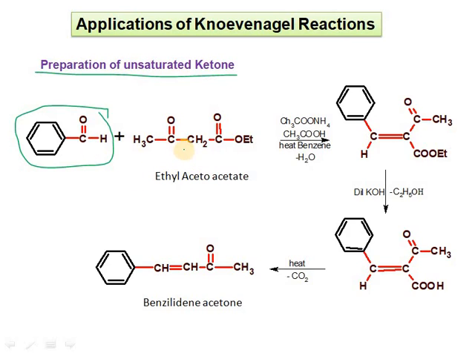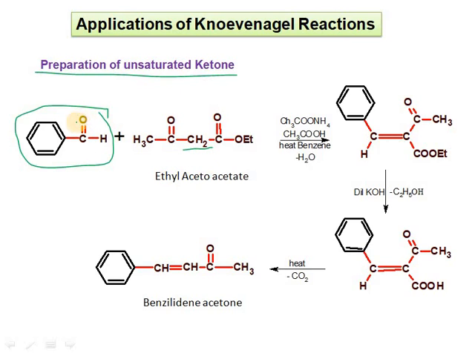And this is an active methylene compound. Both molecules condense with each other by taking a good base to form a negative charge on this carbon, forming a carbanion that attacks this carbonyl carbon, right? So how will you write the product? It is very important for Knoevenagel reactions.